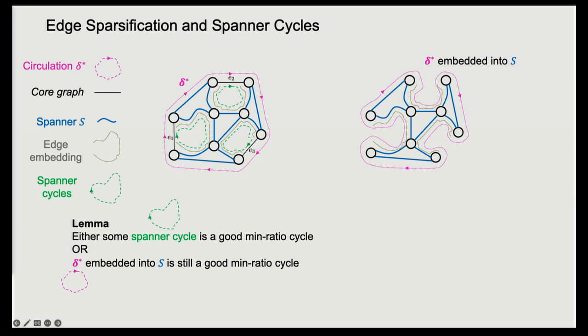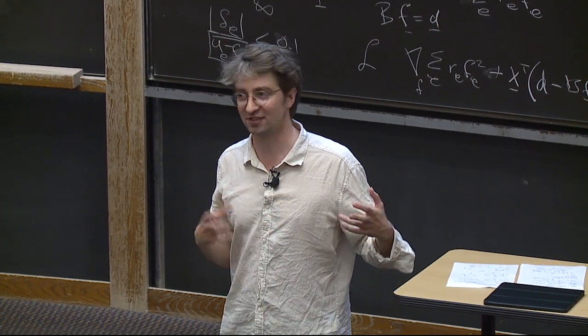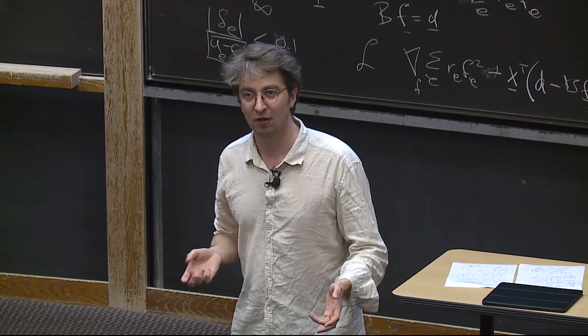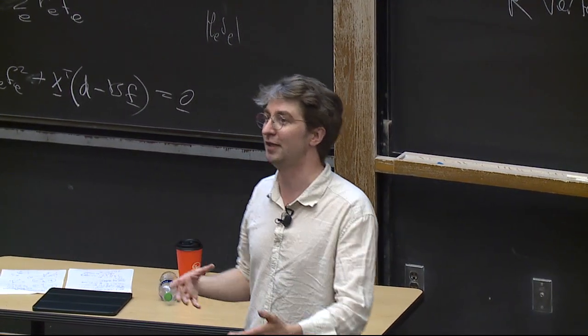It says that either one of the spanner cycles is a good min ratio cycle, or the embedded solution is still good. So either by the process of sparsifying I discover a good cycle, or I still have a good cycle that I can keep looking for in the recursive thing.